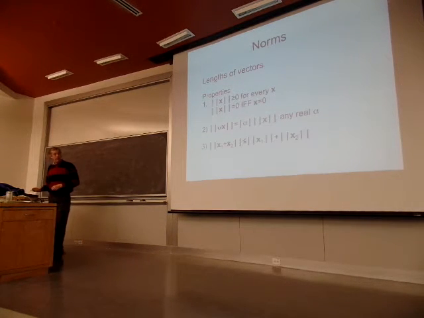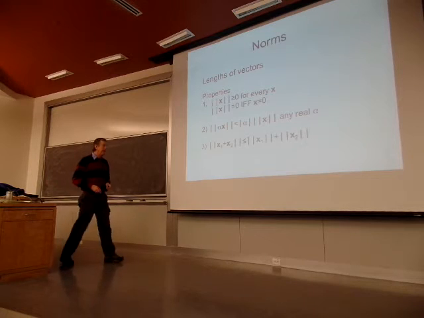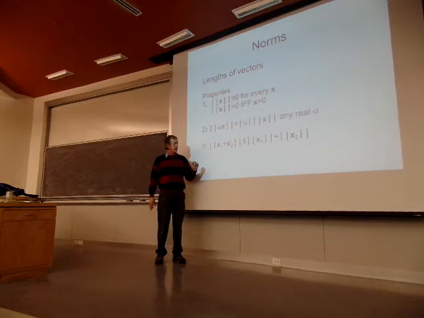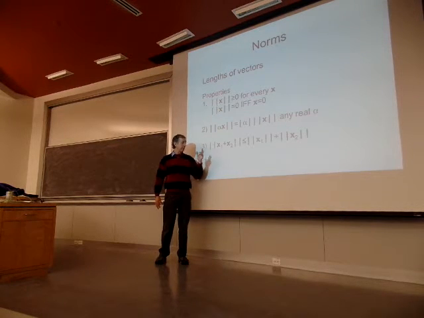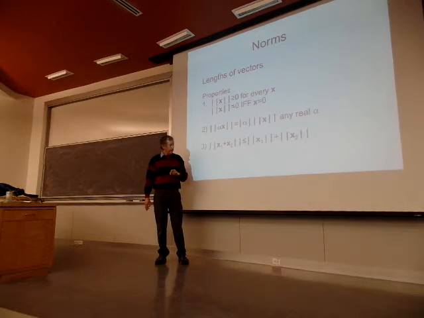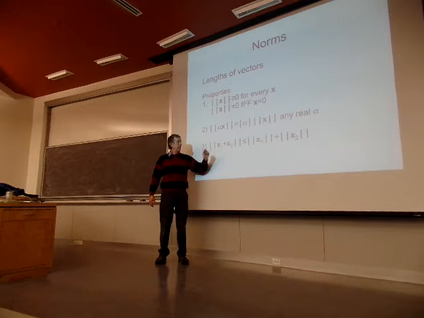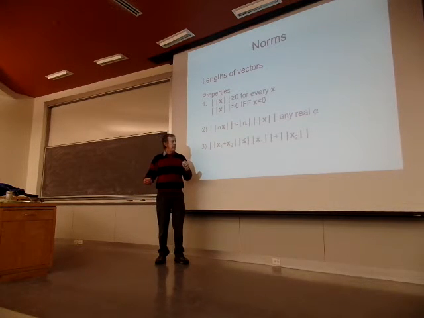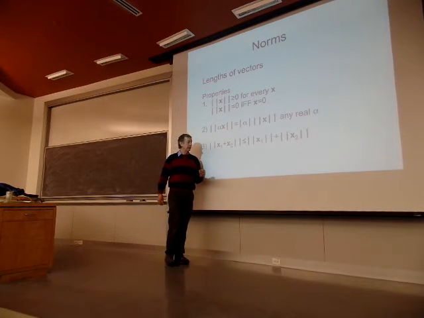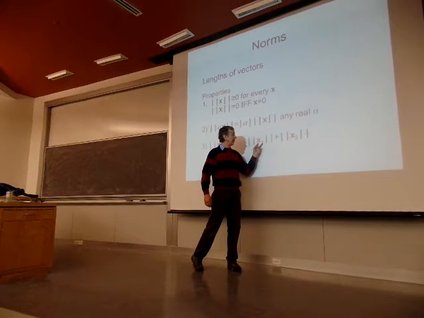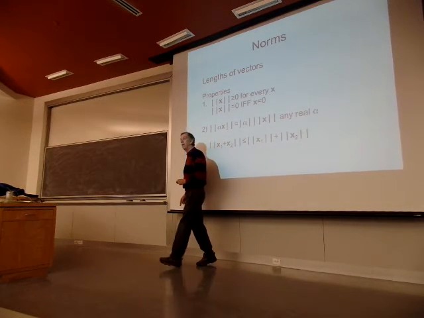Right? And then the third one, this is one often people get confused, but it makes sense if you think about it. If I have two vectors, x1 and x2, and I add them and find the norm, that must be less than or equal to the norm of x1 plus the norm of x2.